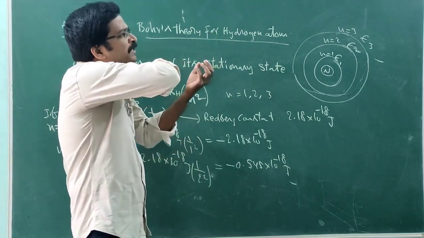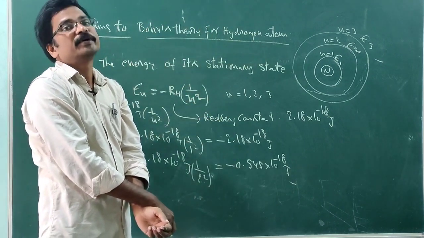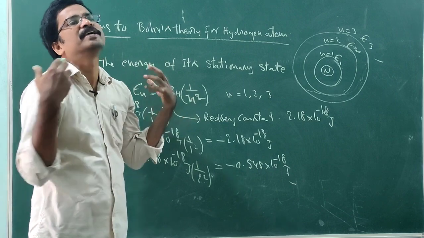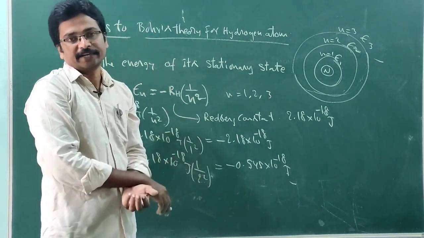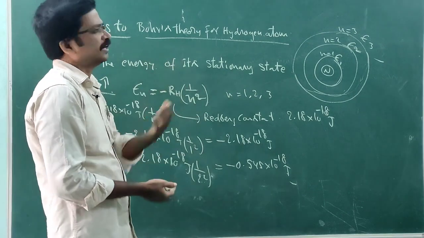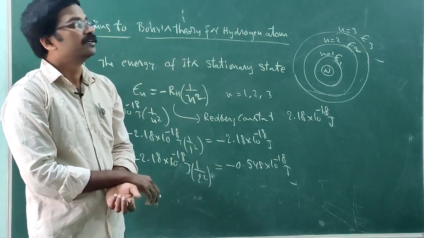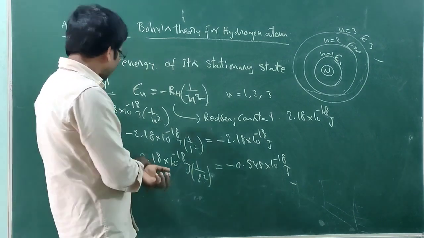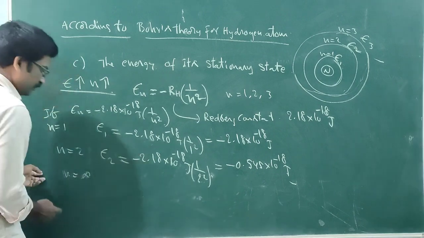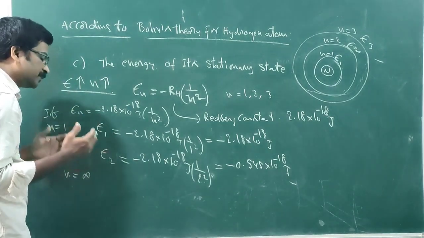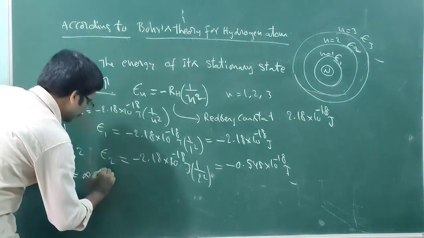If we remove the electron completely from the atom, it is known as an ionized atom. Take the hydrogen atom: when n is equal to infinity, the hydrogen atom is ionized.